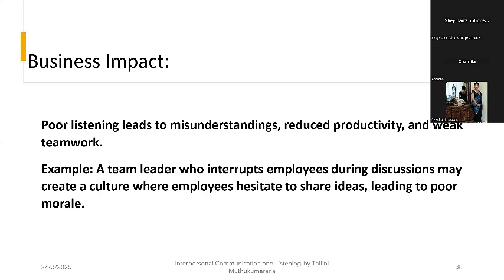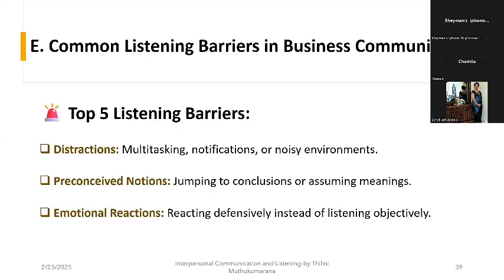There's a message in it, and also there's the feedback the receiver gives to the sender after reading the text or the message. And I have mentioned the noise, right? There can be barriers like that. So the listening barriers are distractions. It can happen when you do multitasking, and also when you're in a noisy environment.